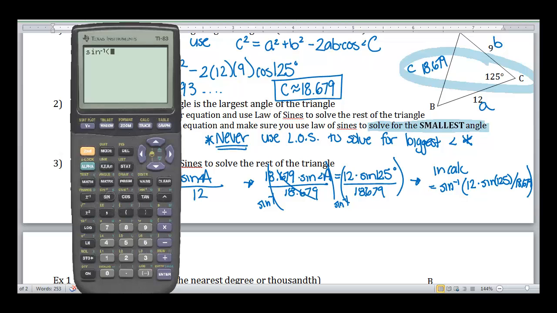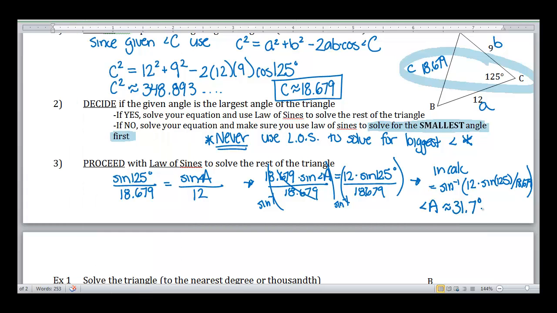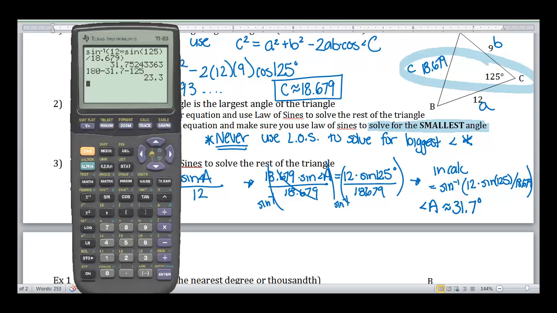So second sine, 12 times the sine, 125, close parenthesis, that's very important, divided by 18.679. This tells us that angle A is going to be about 31.7 degrees. To find angle B, again, you can just subtract from 180. And so if you go ahead and do that, you could see that angle B is going to be about 23.3 degrees.